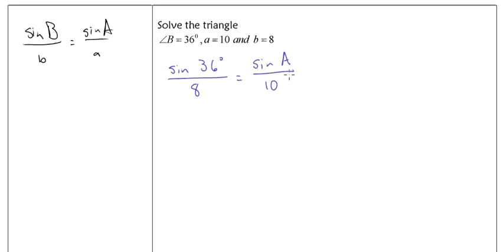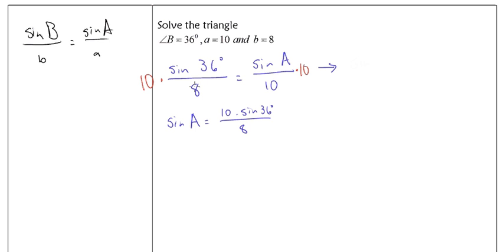Multiply both sides by 10, and we want to find angle A, so we're going to do the inverse sine, or actually let's set this up slightly differently. We won't skip those steps. Multiply both sides by 10, and we get sine of A equals 10 times sine of 36 degrees over 8.